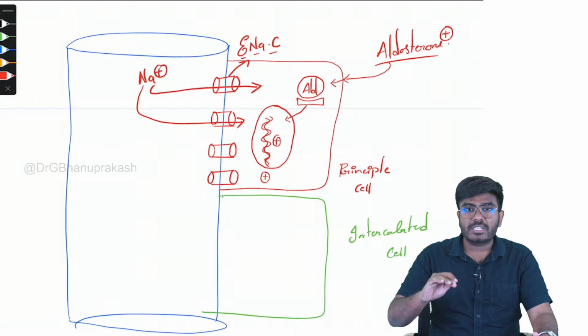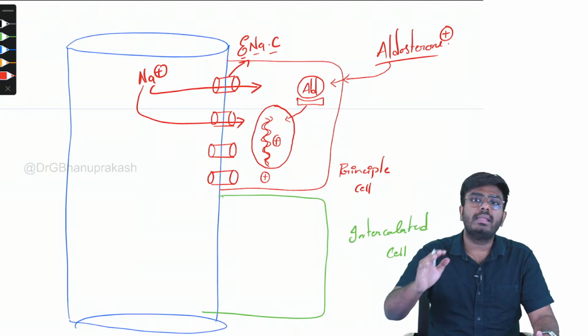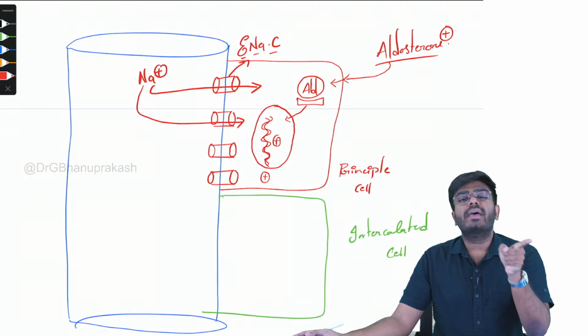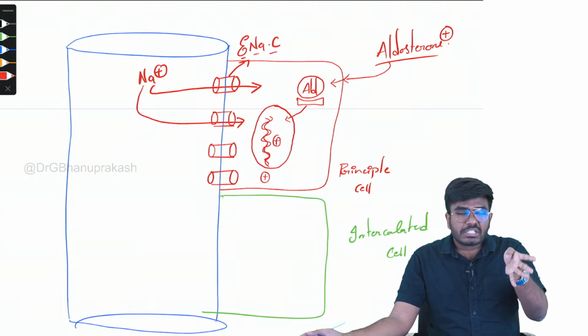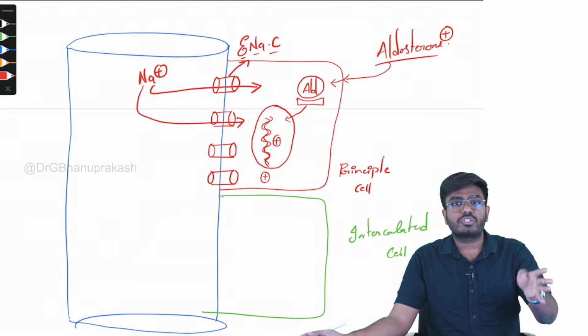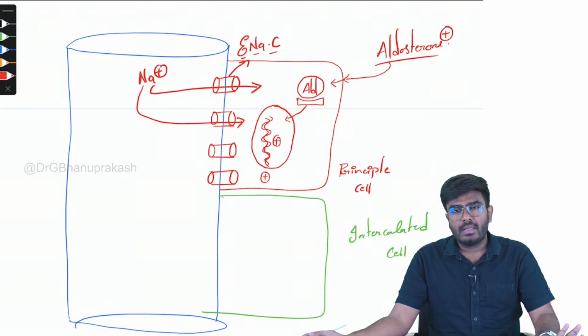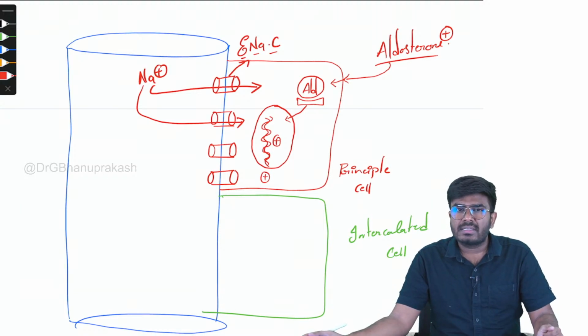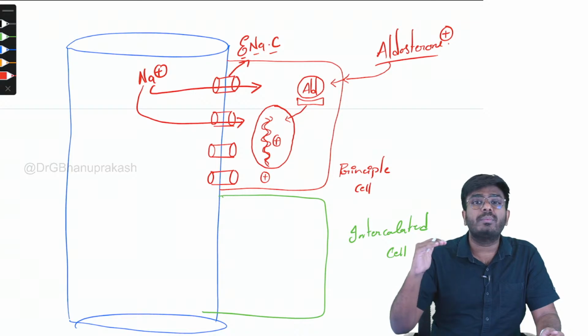Aldosterone acting on the principal cells, sodium reabsorption happening. Now, see, positive ions are entering into the cell. Extra positive ions under the influence of aldosterone are entering into the cell. If more and more positive ions come into the cell, the electrophysiology will be affected.